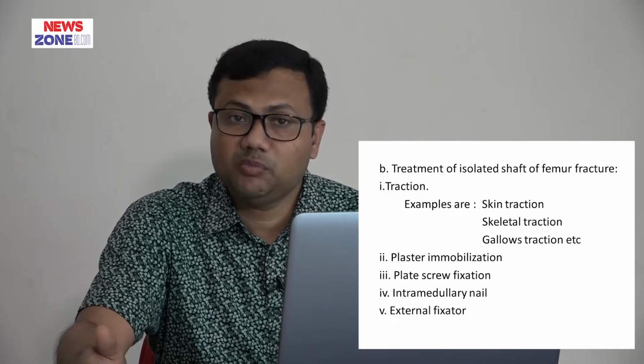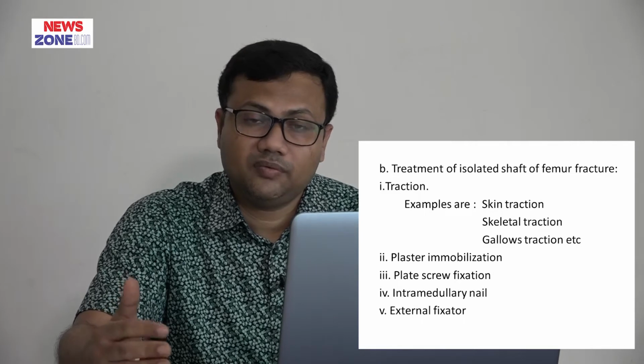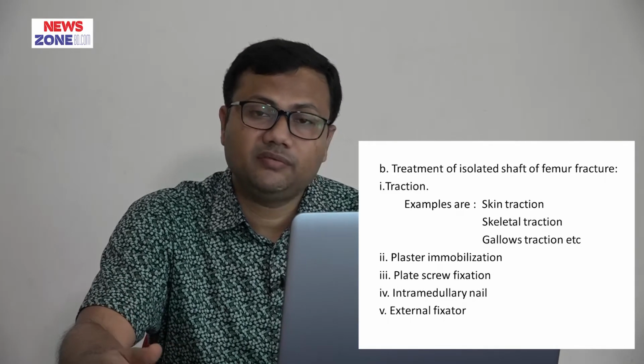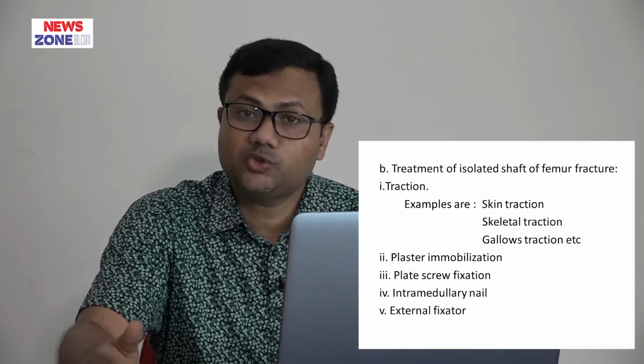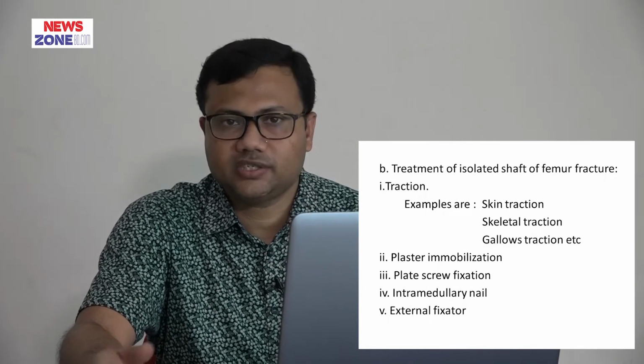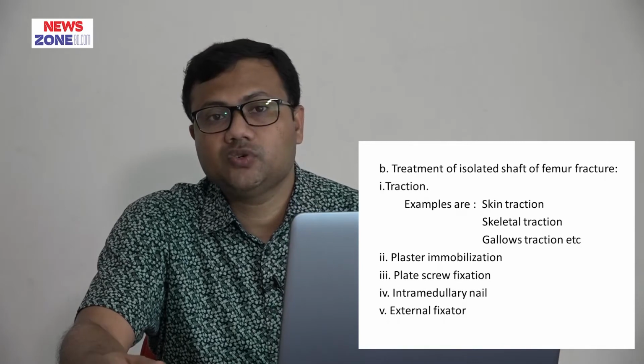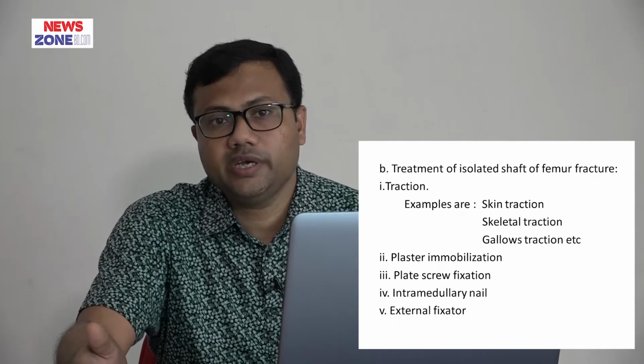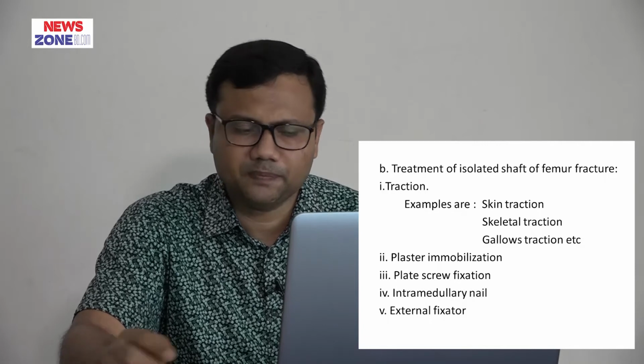Then plaster immobilization, definitive treatment by fixation of the fracture site by plate and screws, intramedullary nailing and external fixator. External fixator we usually use in case of open fracture. Okay.